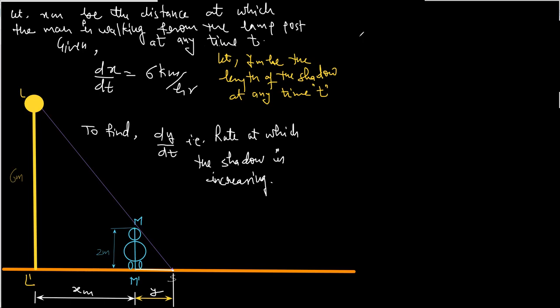See, students, I have dx by dt. You see x here, and I want dy by dt. You see y here. So it is a problem based on related rates. If you have some rate and you want the other rate, you should get the relation between the two variables. And here, I will get the relation from two triangles.